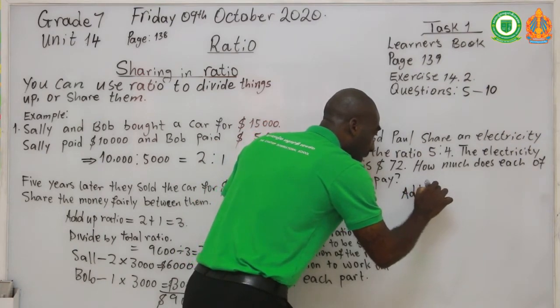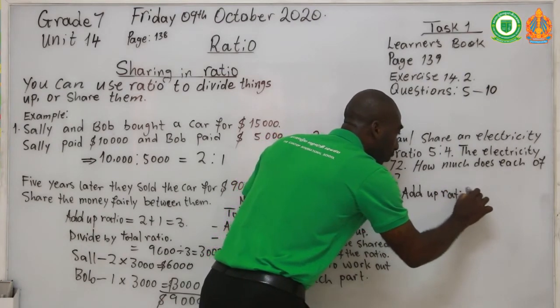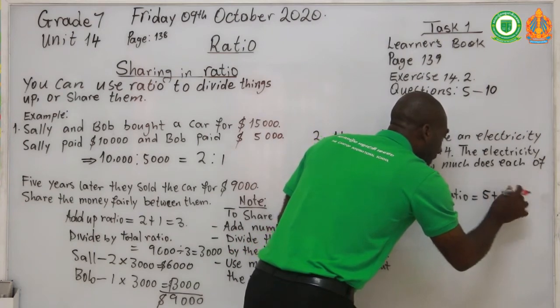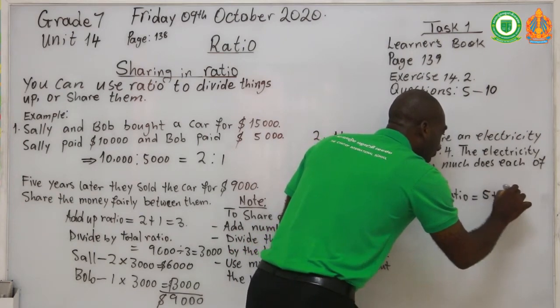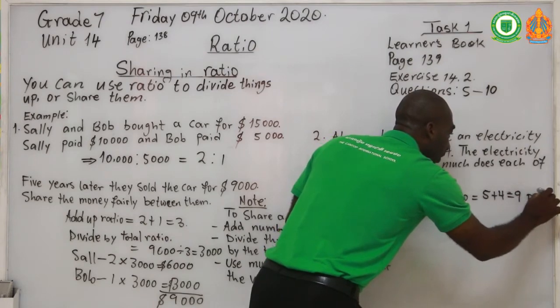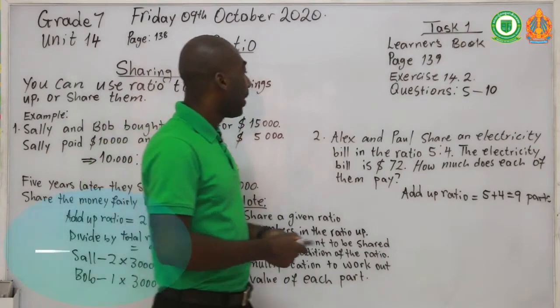So add up ratio will be equal to 5 plus 4, and that will give us 9 parts.